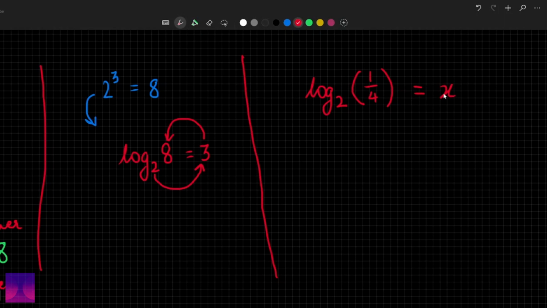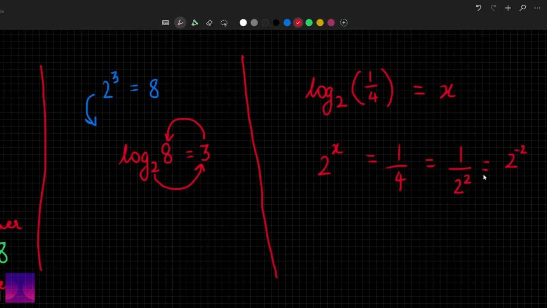We know that 2 to the power x must give us 1 by 4. Now let's simplify 1 by 4. We know that 1 by 4 is 1 by 2 to the power 2, and because this power is in the denominator, we can take it up in the numerator. So it will be 2 to the power minus 2.